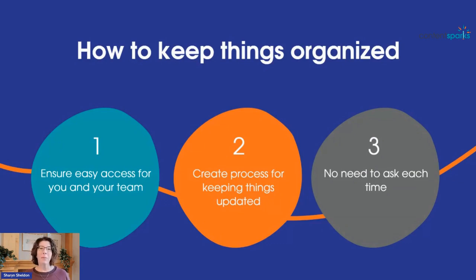You also want to create a process for keeping things updated. So it may be a simple process, like every time you make a change to a sales page template or a social media template, to make sure that you save that as a new version or overwrite your old one.